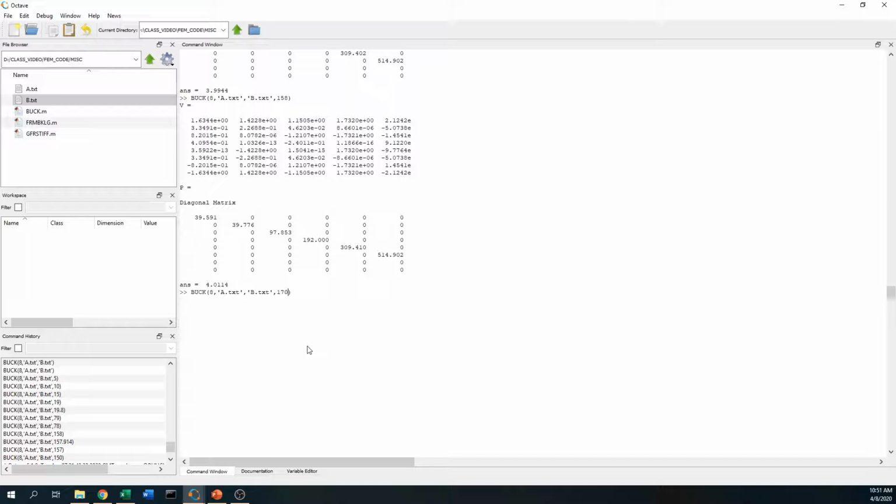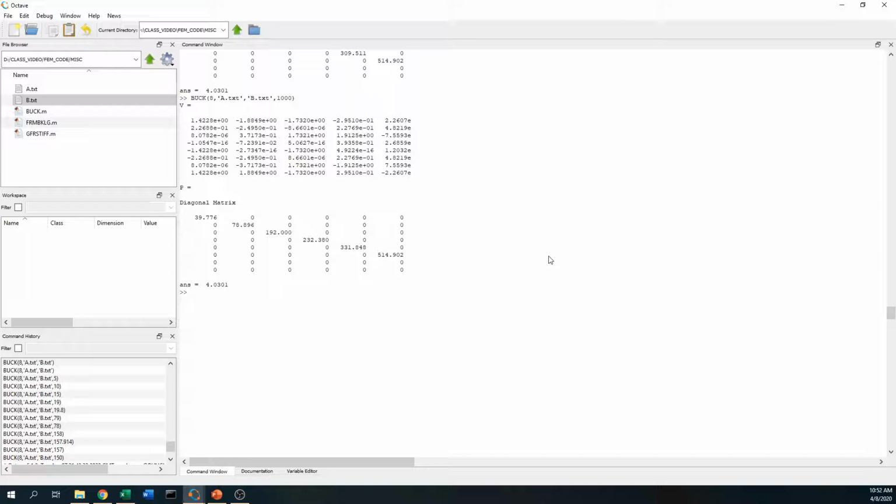Now 170. Let's see what we are going to get. It's not better. Actually, the rounding here is insignificant, but you still get somewhere around 4. Make it much bigger, like 1000, like we did before. It stops at 4.03.